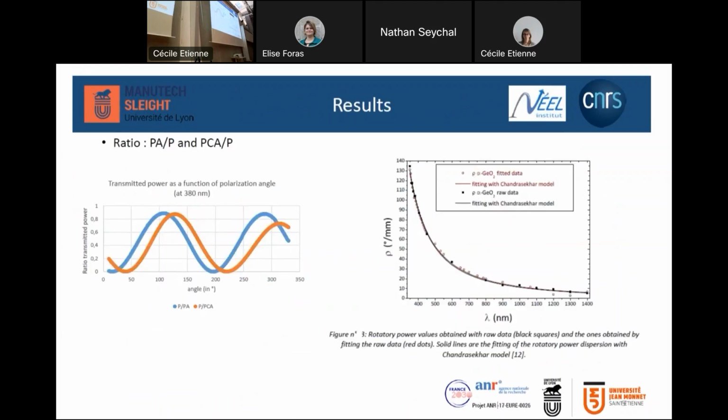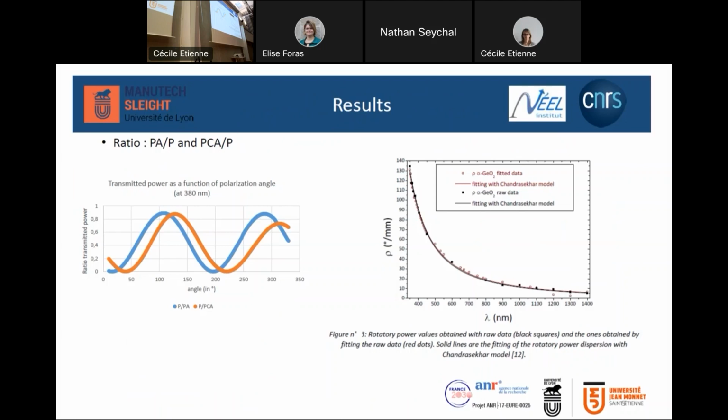We then determine the transmitted power as a function of polarization angle for each specific wavelength. Here we plot PA over P and PCA over P. We can see the same shape, but with a shift here.